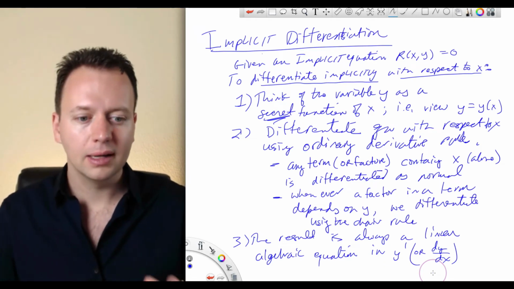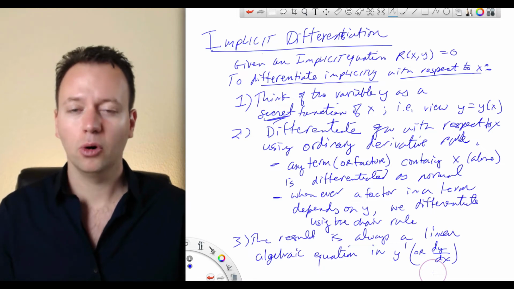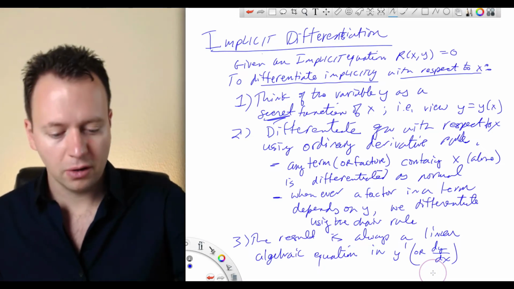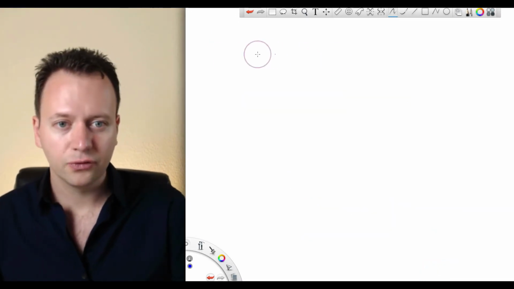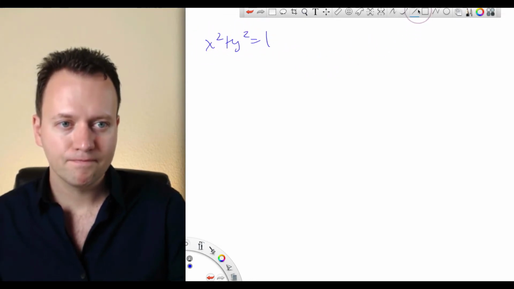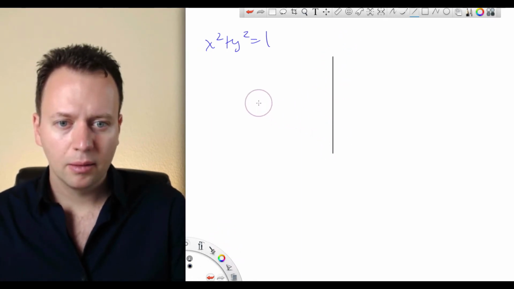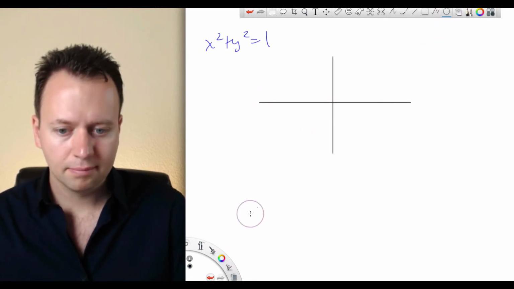So we'll do a simple example here, and then we'll do some slightly more complex examples in our next video. So the simple example is just for the circle x squared plus y squared is equal to 1. So let's choose a point on the circle.